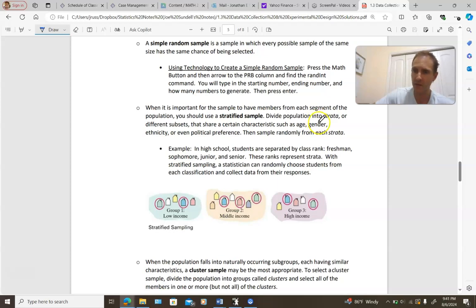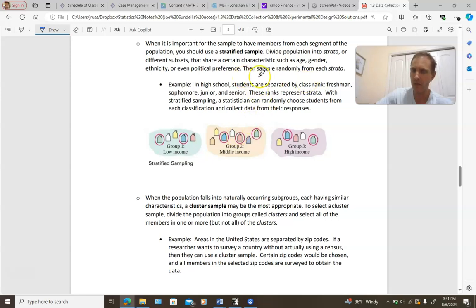You could segment a population by gender if that population that we're talking about consists of people, or it could consist of other animals. Ethnicity, political preference. This is a good example right here. So in high school, the population of students in high school is naturally segmented by class rank, right? You got your freshmen, your sophomore, your junior, your seniors. This also applies to college. Okay, so each of these classes is basically a stratum.